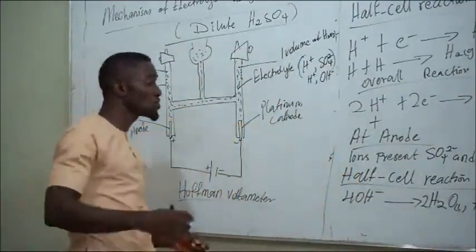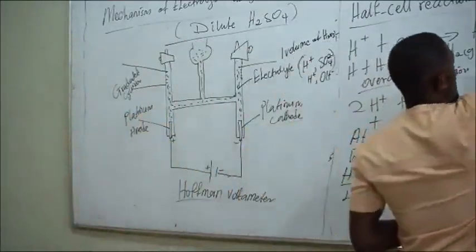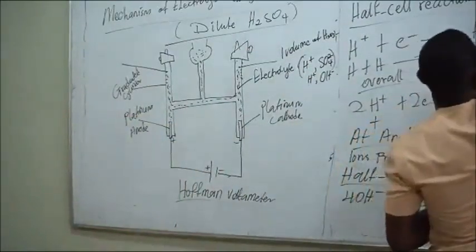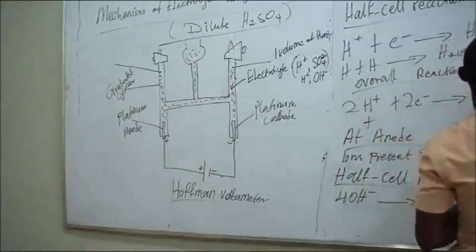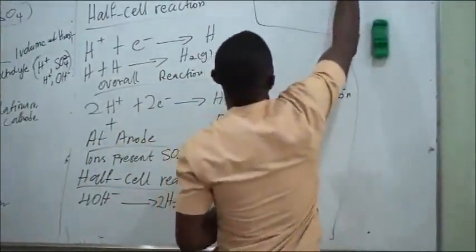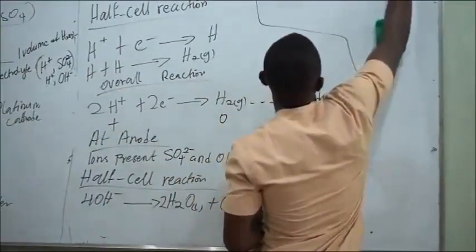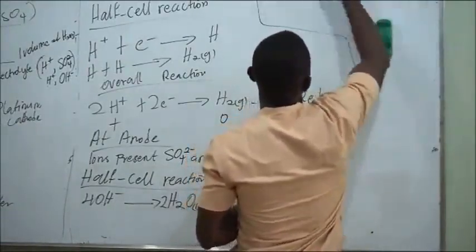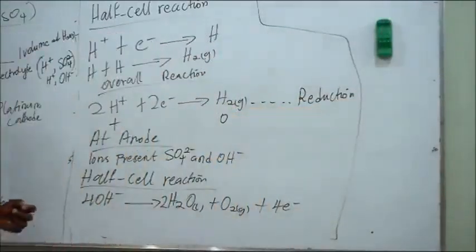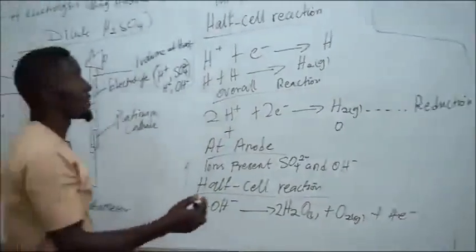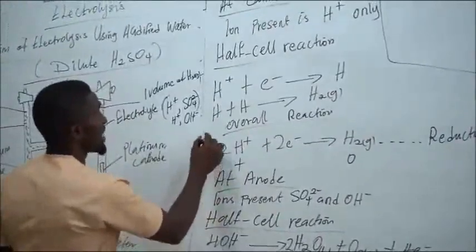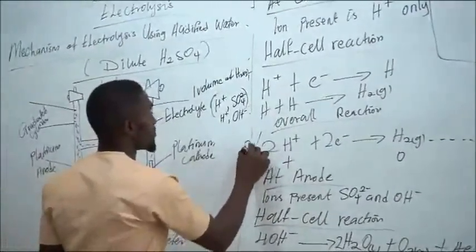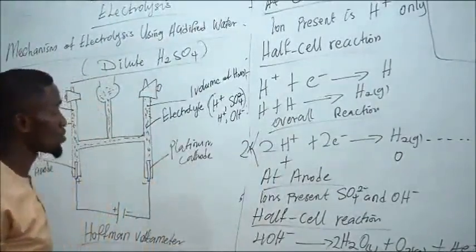And therefore before we produce the overall reaction at both electrodes, we have to balance the number of electrons at the reactant side with the one at the product side. So what do we do? We can multiply this equation at the cathode by 2. We multiply it by 2.